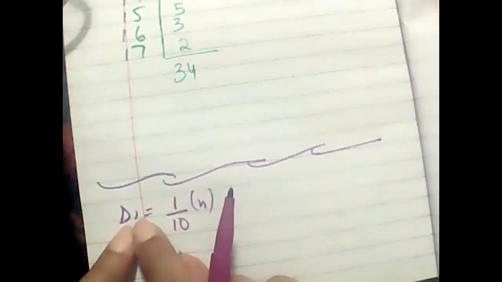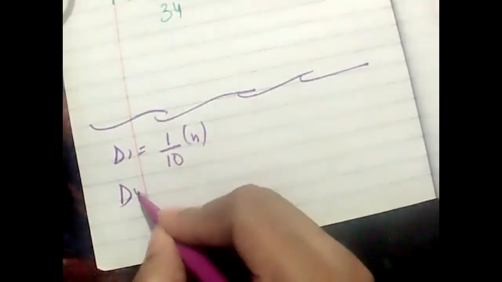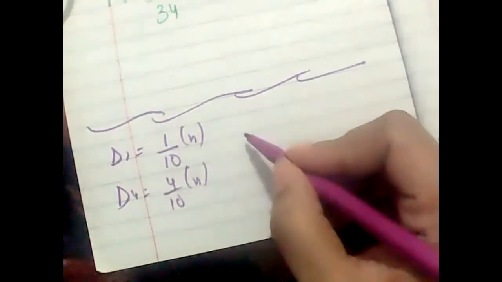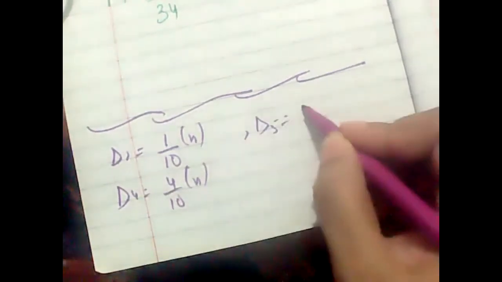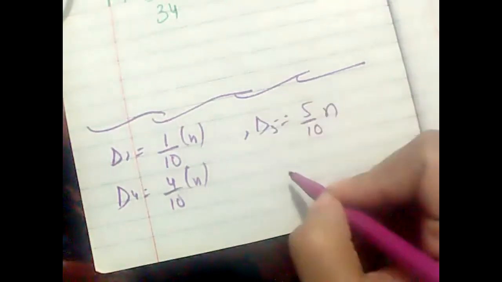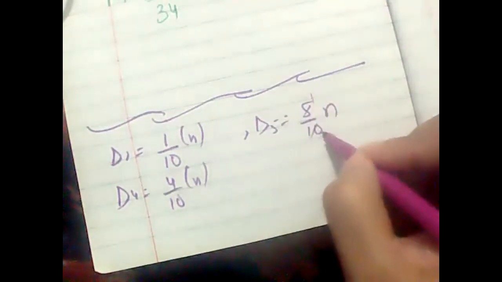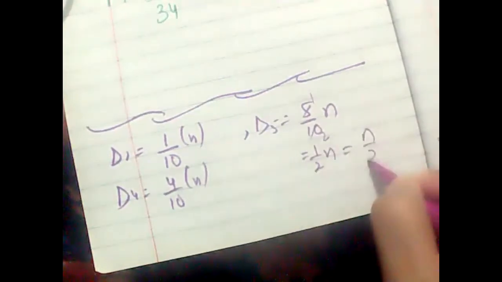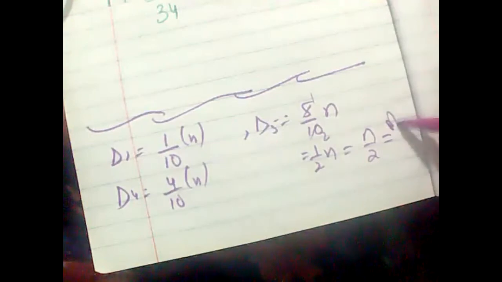If for Q1 I can write 1 upon 4, then D1 means 1 upon 10 of the whole data. Let's take one more, D4. That is 4 upon 10 of the whole data. If I take D5, that means 5 upon 10 of the whole data. Let's simplify. 5 ones are 5, 5 twos are 10. That is 1 upon 2 of n, or n upon 2. Isn't it again equal to the median?